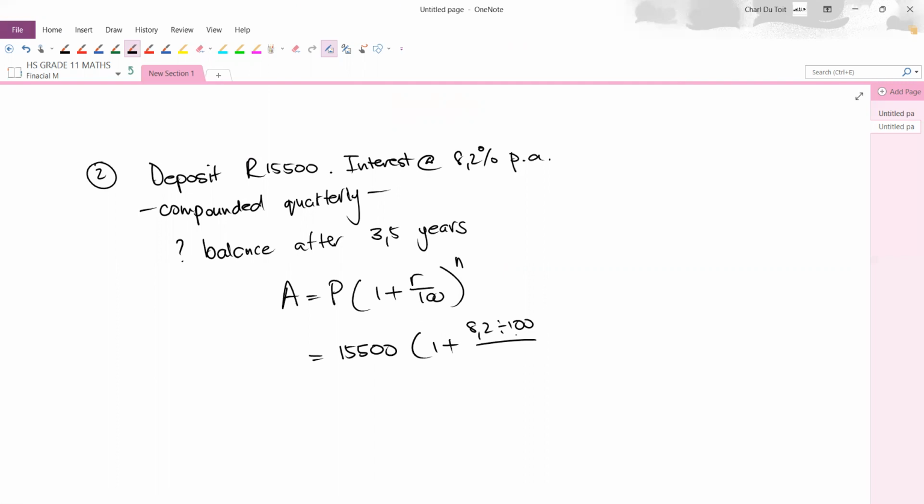It's 4. Term 1, term 2, term 3, term 4. Yes, sir. And I'm going to take 3.5 years and multiply that by 4, because each year I'm going to do 4 calculations. Every quarter I'm doing 1. So I'm putting that in the calculator.